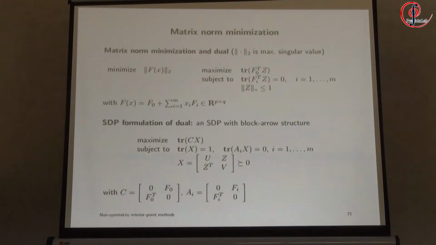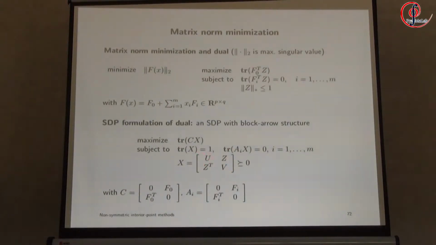So you get this large problem. In this formulation, you can think of this as a completion problem, because the real variable is Z, and Z has dimension P times Q. If you assume that Q is much less than P, then if you set U equal to 0, this has an arrow structure.